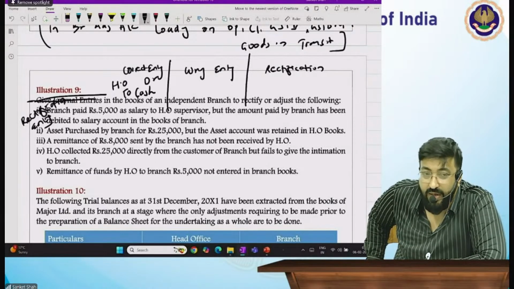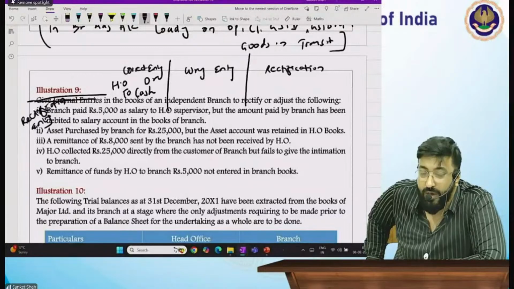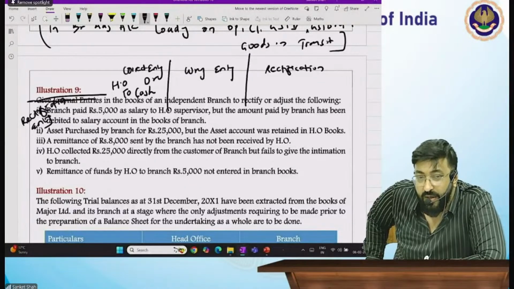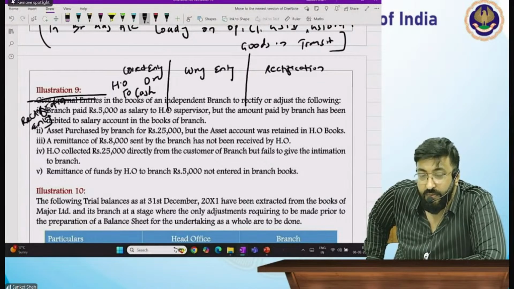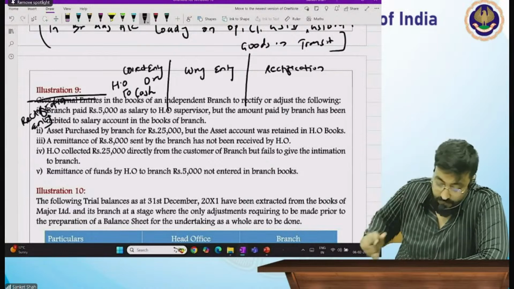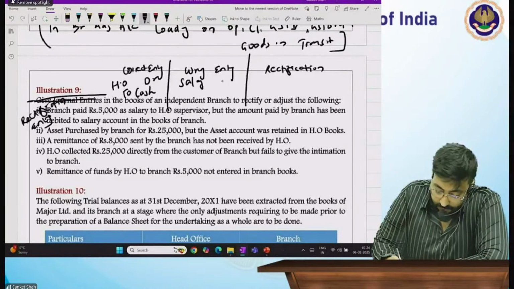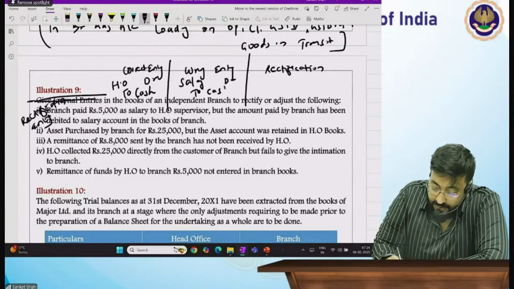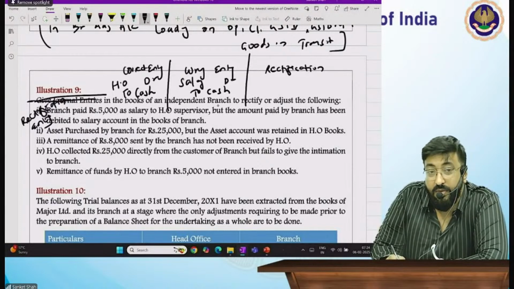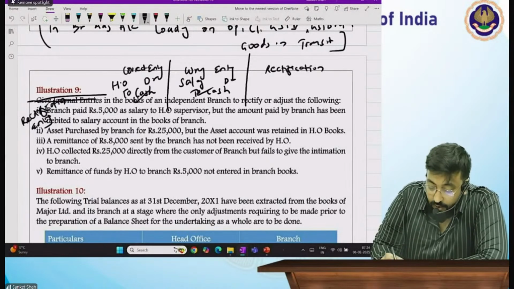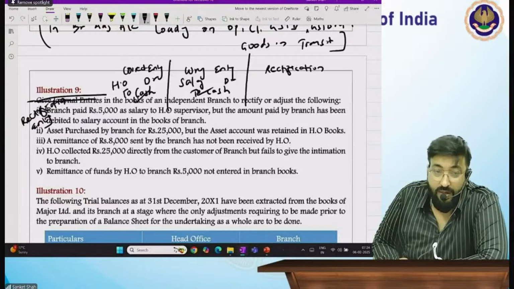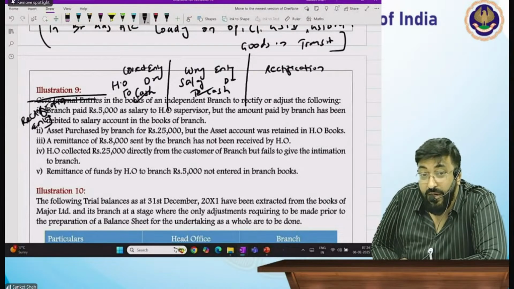First pass the correct entry: HO account debit to cash. But what is the wrong entry they passed? Salary to cash. So what is same in these? Cash. So we don't have to rectify cash, my dear. Now which account should get debited?